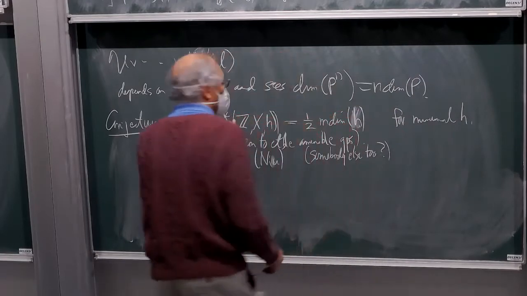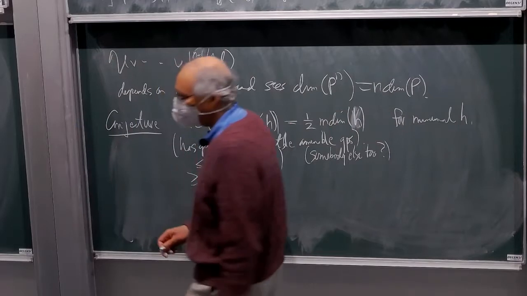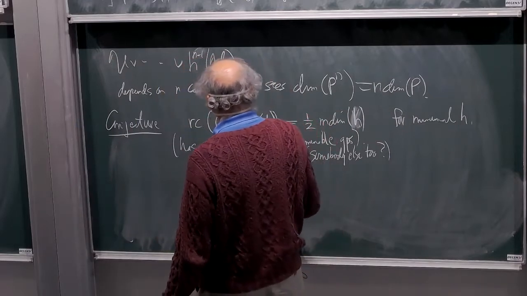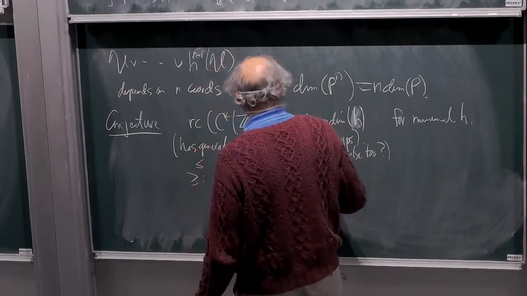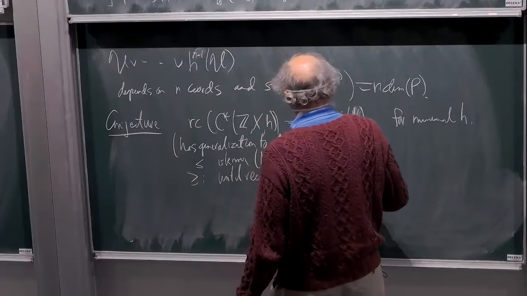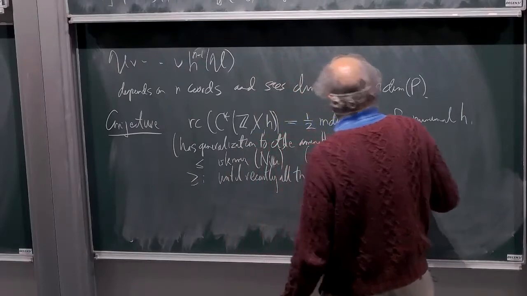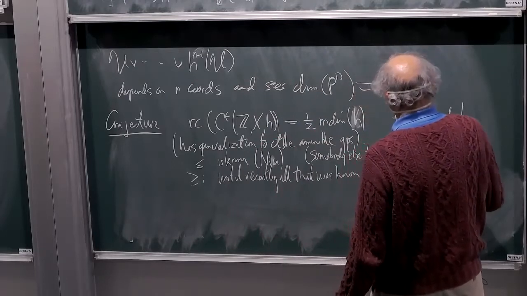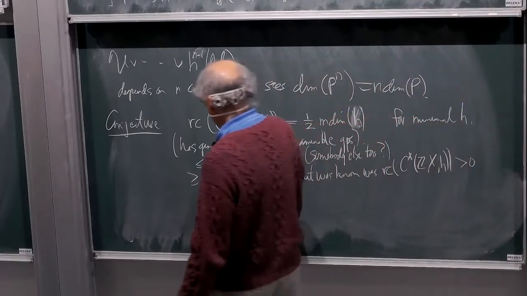But not much is known in the other direction. As far as we could tell until recently, all that was known was RC of the crossed product bigger than 0 for examples of Giol and Kerr.